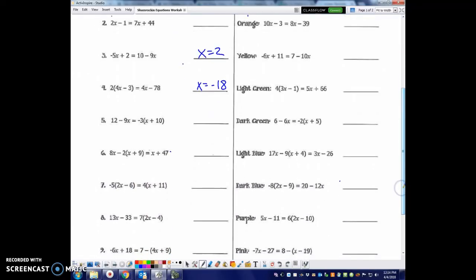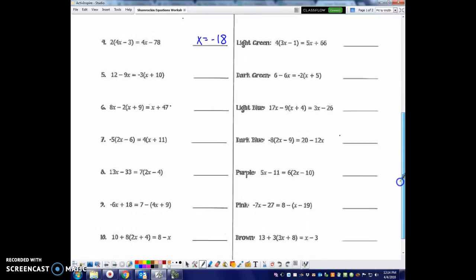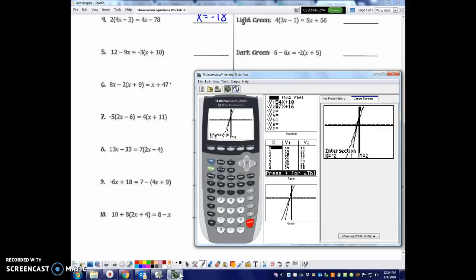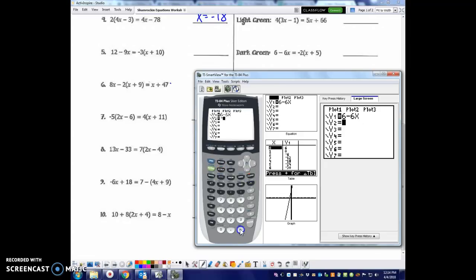Okay, so let's look at dark green here. Let me make it up higher so that we can see it. So y1 equals 6 minus 6x, and the other side, we put negative 2x plus 5. Okay, graph it.